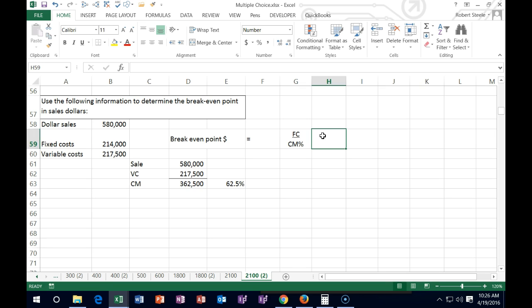So if we put this into our formula, then we have the fixed cost of 214,000, and we're going to say that is over 62.5%. I'm going to go ahead and underline this, and center it, and so we're just plugging the numbers now into our equation.